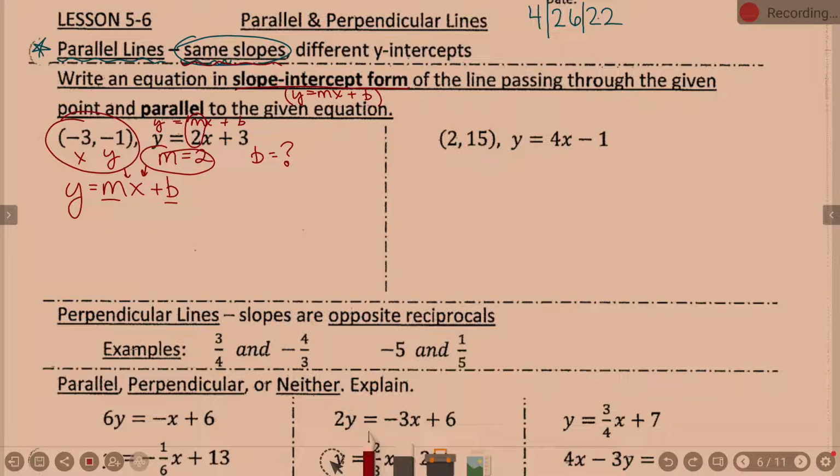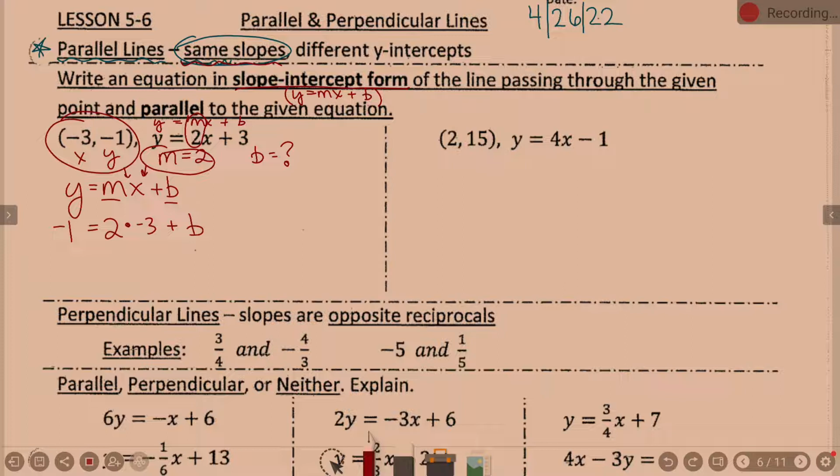So what can I plug in for y? We can plug in -1. What can I plug in for m? What's my slope? It's 2. What's the x value I can plug in? -3.